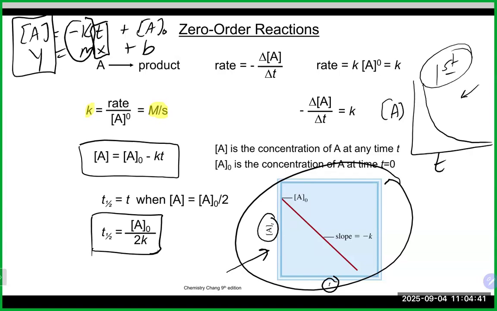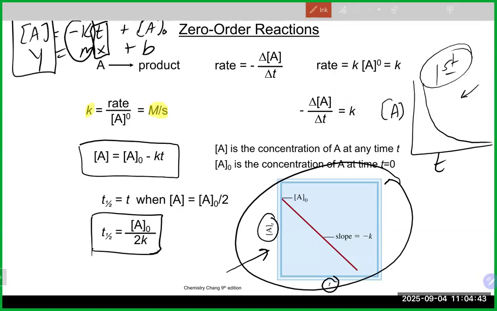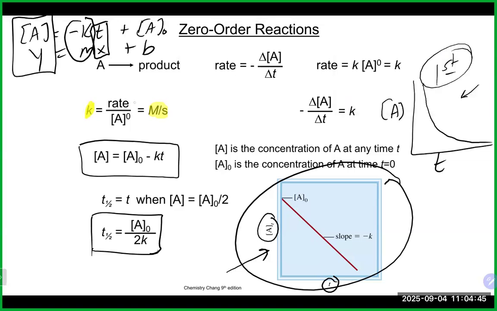Just like the others, the main things to remember for zero order are the units of k, our integrated rate law, our half-life, and the typical graph that we see for a zero order. A lot of times people mix this one up with first order, and they can't remember which one has the natural log and which one doesn't. So just try to keep that straight. Any questions on that?